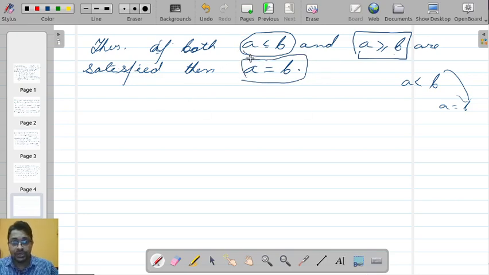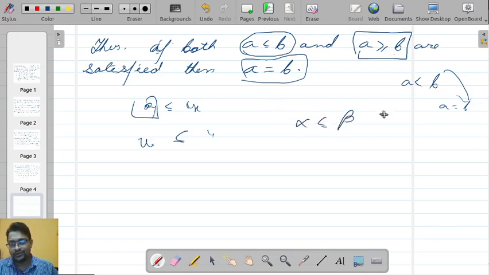Okay, so this is very much used in analysis. We show that some expression is less than or equal to this, and again this expression is less than or equal to this. So these two have to be equal, right? Say alpha less than or equal to beta.